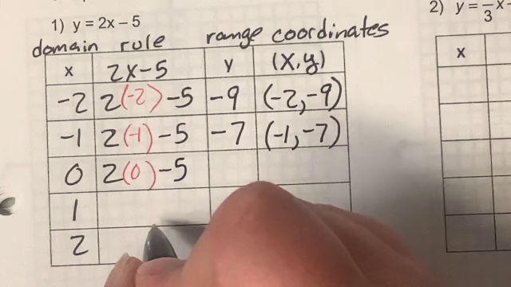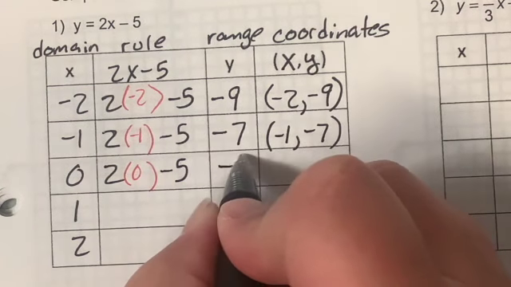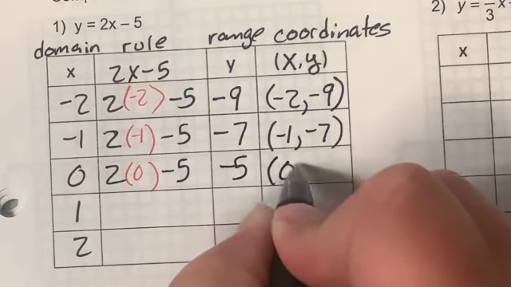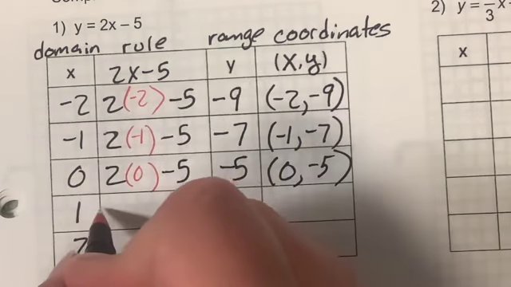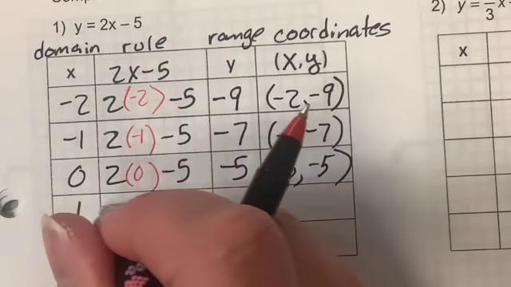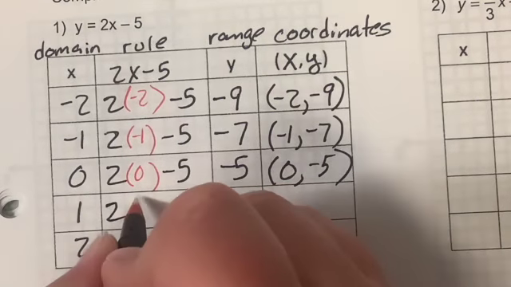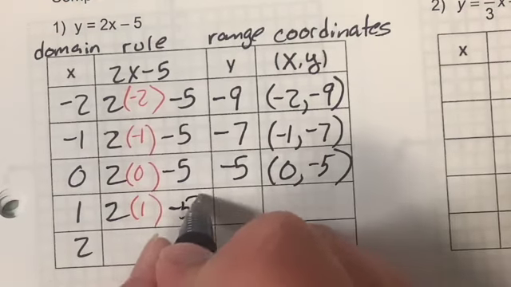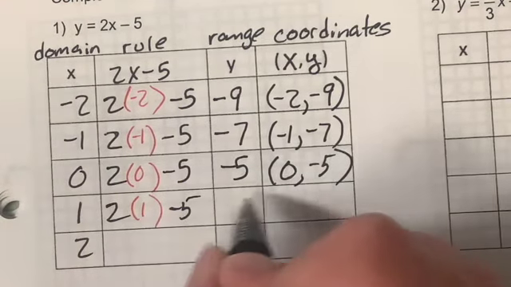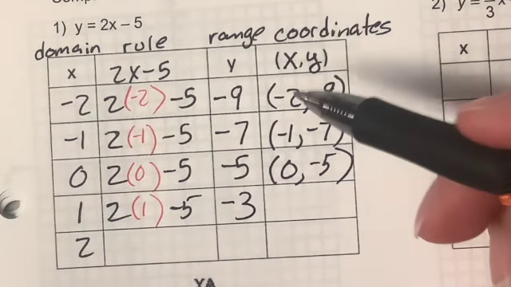Well, 2 times 0 is 0, minus 5 is -5. And I have (0, -5) to graph. 2 times 1 minus 5. 2 times 1 is 2. 2 minus 5, -3. Do you see the pattern here?